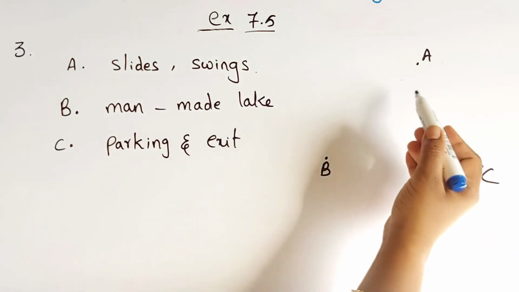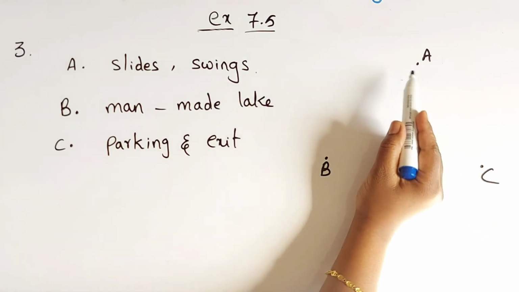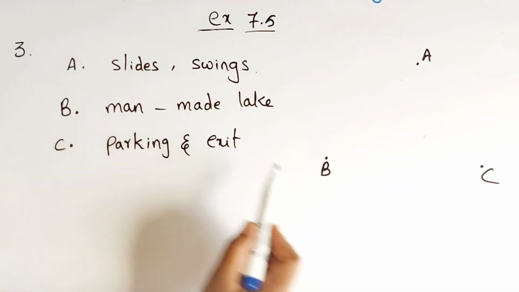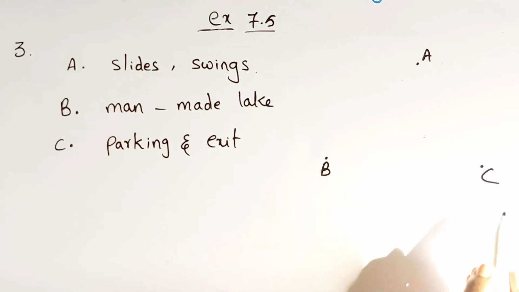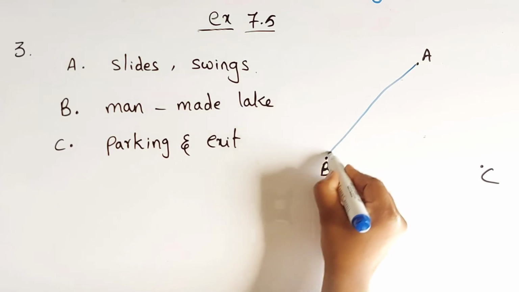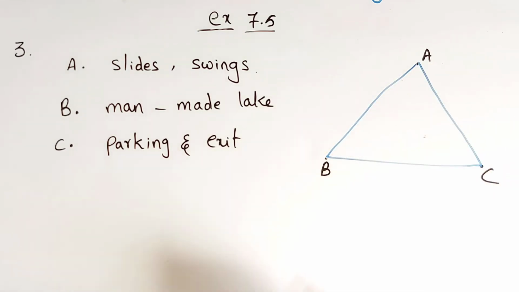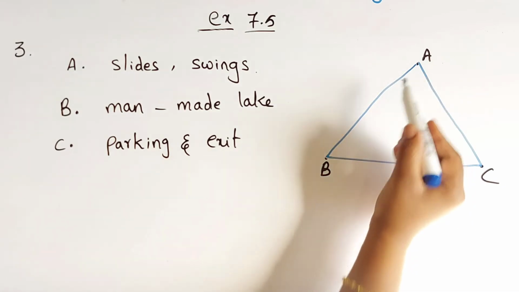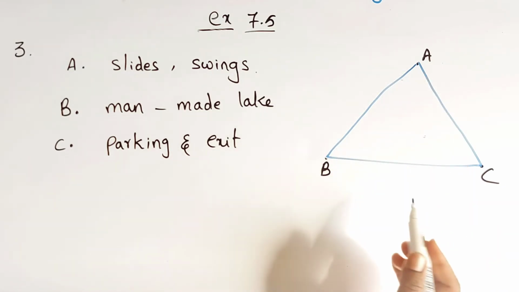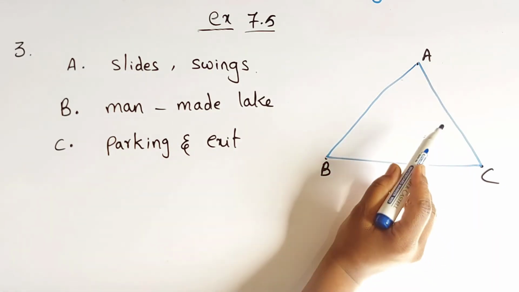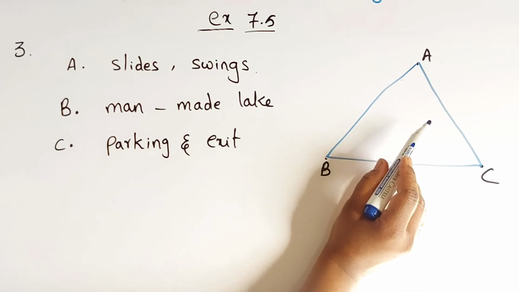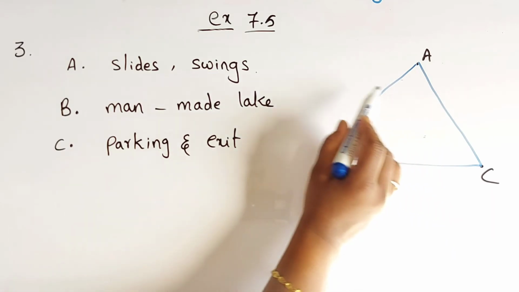This is the question, children. So here we have three points. At point A we have slides and swings, at point B we have the man-made lake, and C is parking and exit. If you join these three points, we have one triangle, ABC. Now here they are asking that an ice cream parlor should be set up so that the maximum number of people can approach.